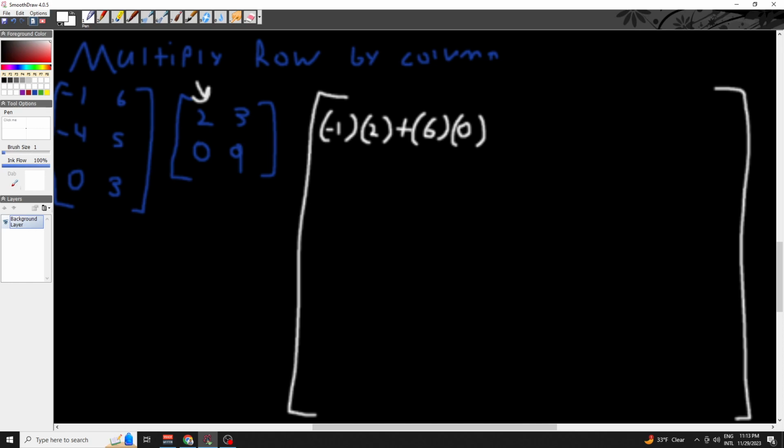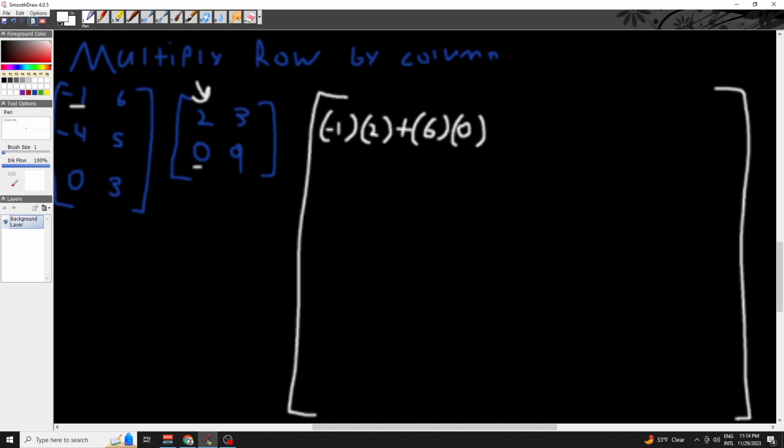I explained that really poorly, so you're going to have to bear with me. Negative 1 is the first part of this row, and 2 is the first part of this column, 6 is the second part of this row, and 0 is the second part of this column.